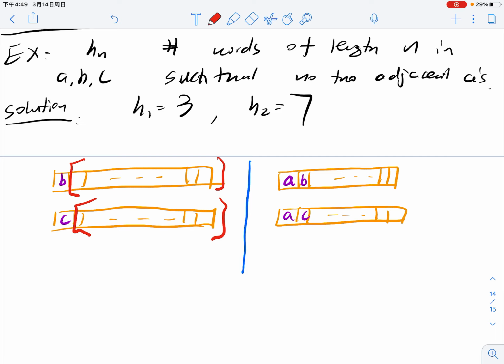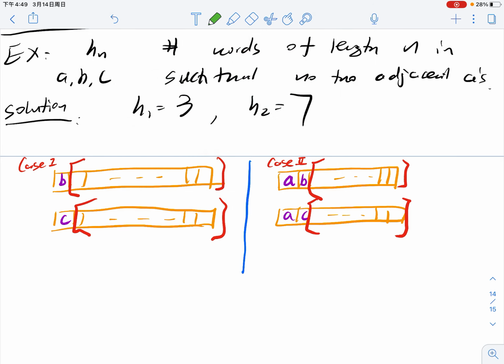Here is case 1, here is case 2. In case 2, you truncate from the third position.